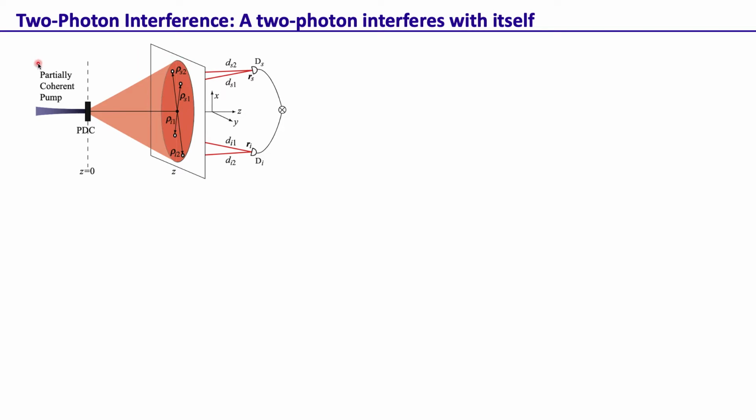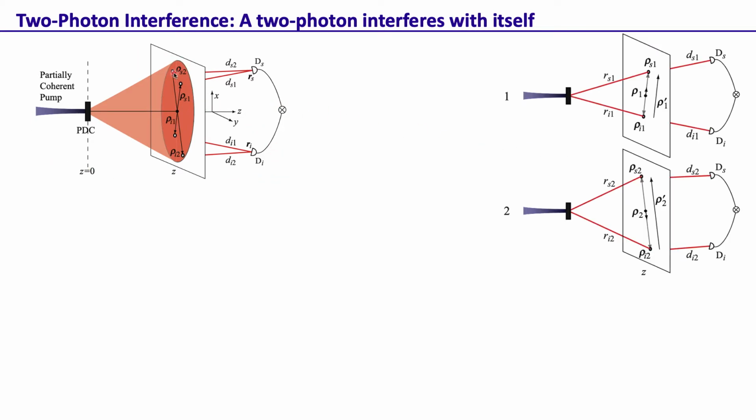And the experiment is arranged in such a way that the signal idler photons can go to these detectors in 2 different alternative ways. In the first alternative, the signal photon goes through rho S1, and the idler photon goes through rho I1, and in the second alternative, the signal photon goes through rho S2 and the idler photon goes through rho I2.